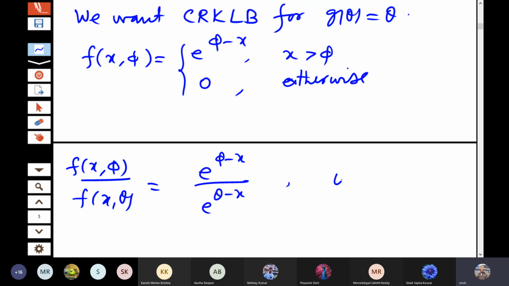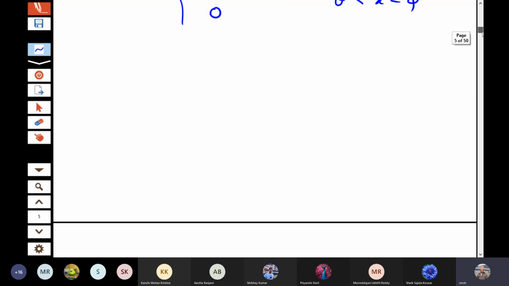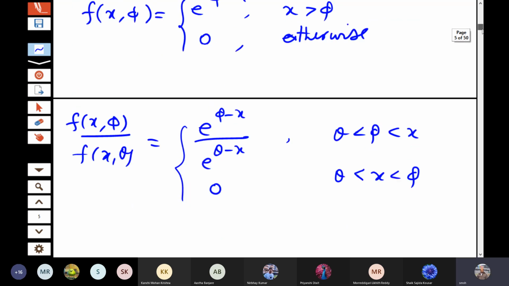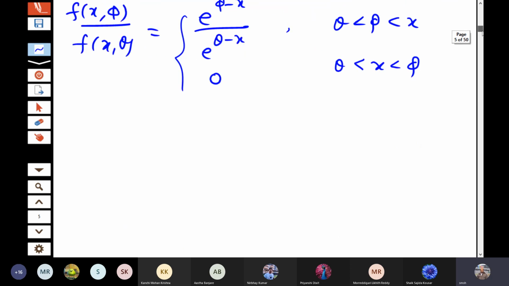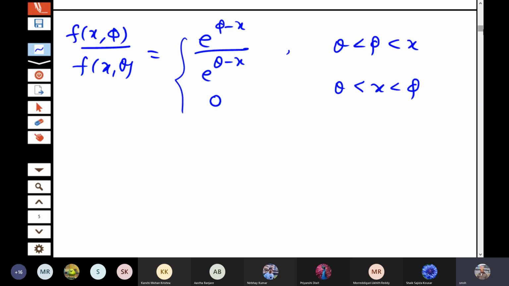This is for theta less than phi less than x, and it is 0 for theta less than x less than phi. If I am considering x to be less than theta, then both will be 0, so I will not write that because it is a 0 by 0 kind of term.